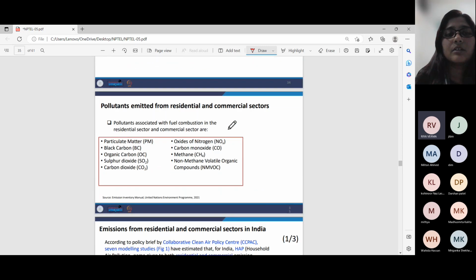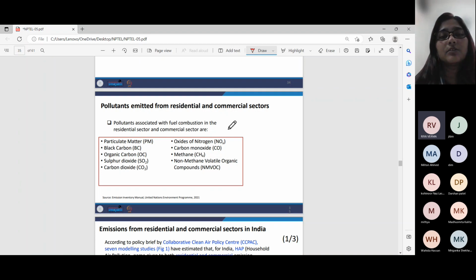Let's see. What kind of pollutants are being emitted from your residential and commercial sectors? Let's have a look into that. And also, how are these pollutants being generated, what are their sources? We may also have a look into that.